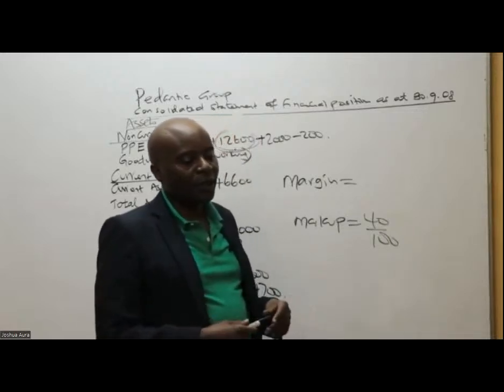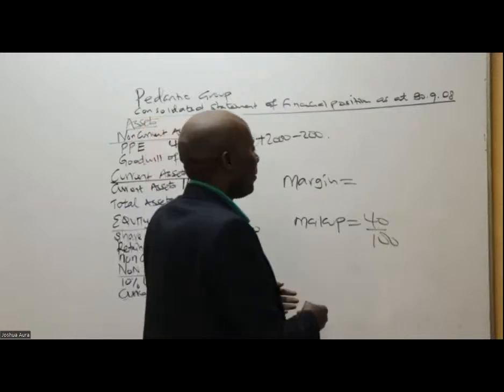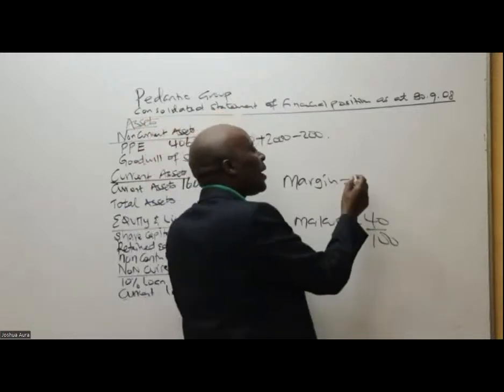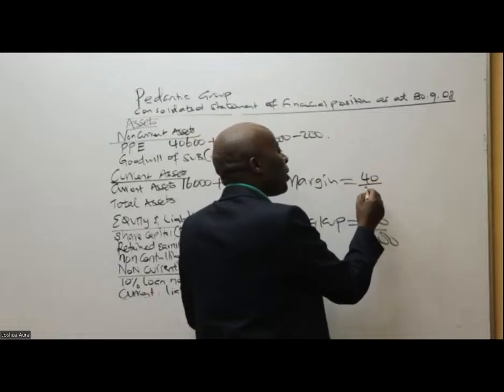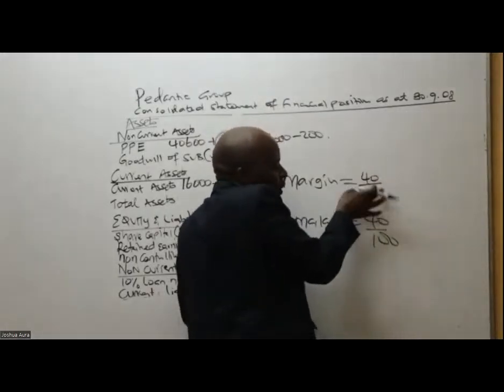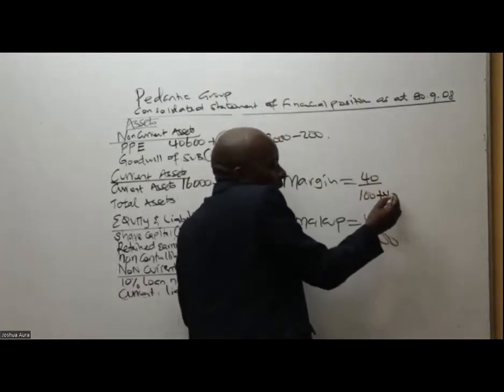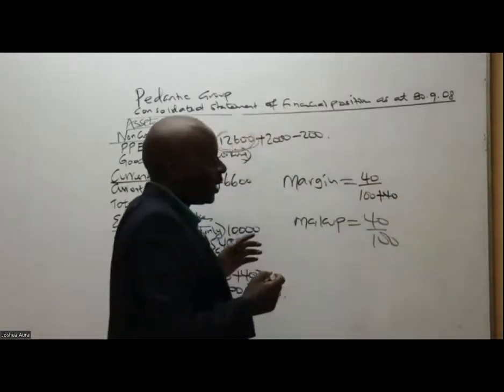Margin has a bigger base. So if it has a bigger base, first I copy 40 over 100 there, and then I bring the numerator to increase its base. I say plus 40 here, plus 40 there.